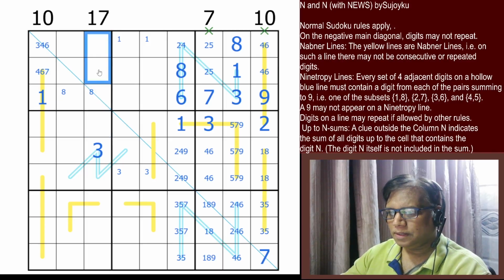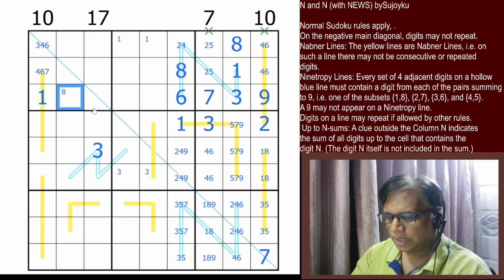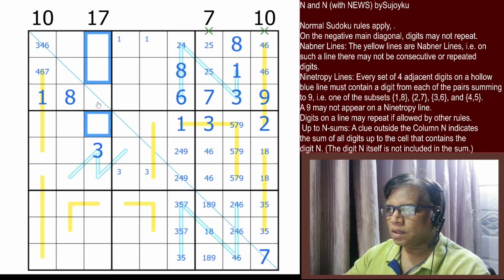The minimum digits you have are 2, 4, 5, because 1, 3 both are unavailable, and 2, 4, 5 itself sums to 11. So this cannot be 8. That much of mathematics I can do. 11 plus 8 will be 19. That will be too much.